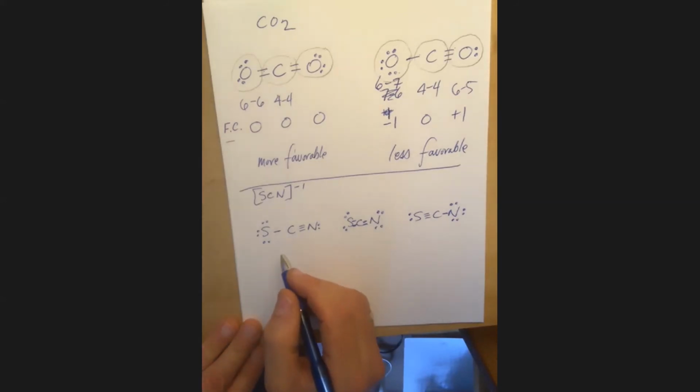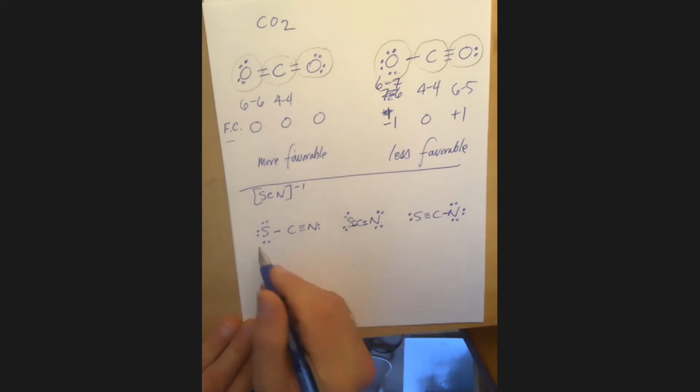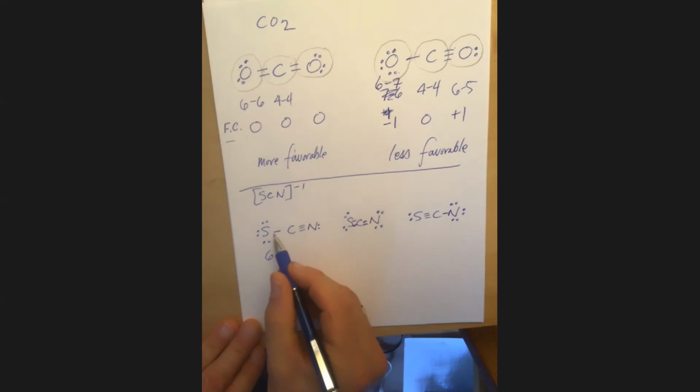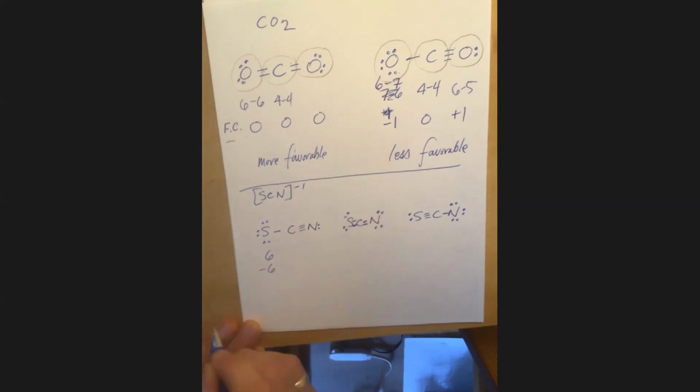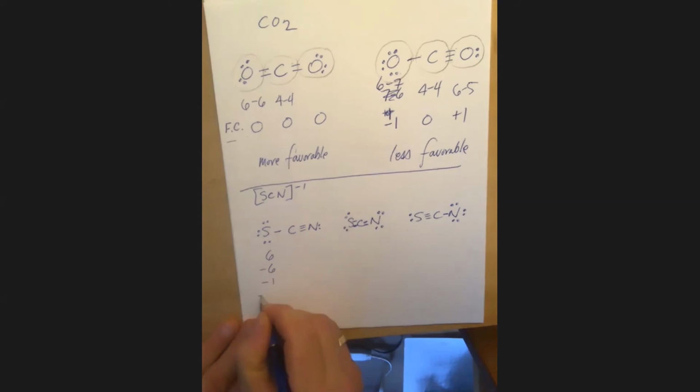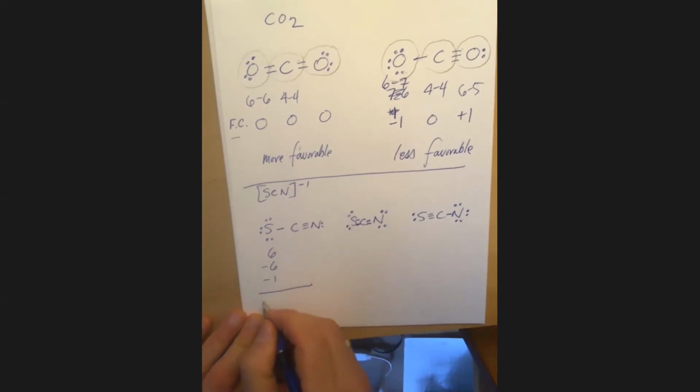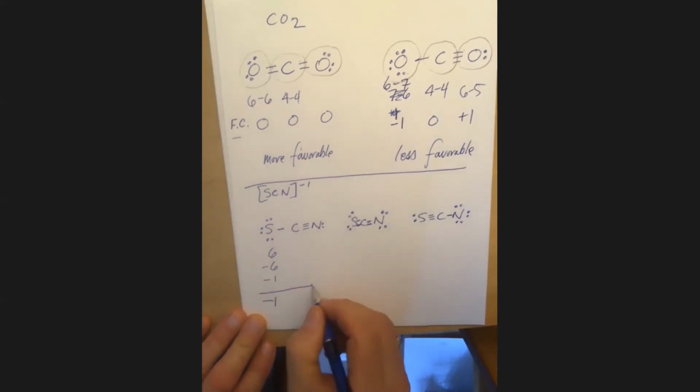So for my sulfur over here on the far left, I've got 6 minus 6, and oh, but look, it's got that 7th electron, minus 1. So 6 minus 7 gives us a minus 1 formal charge here.